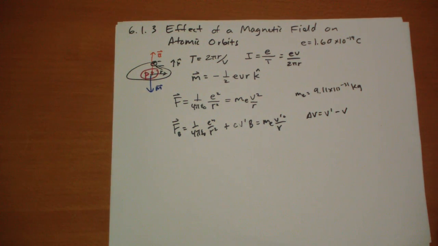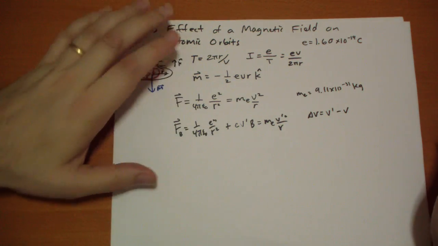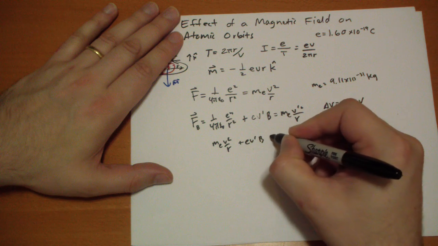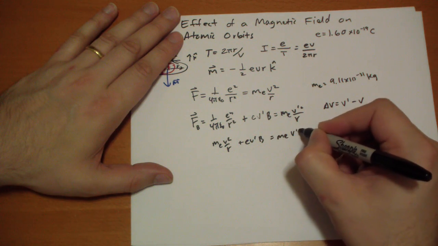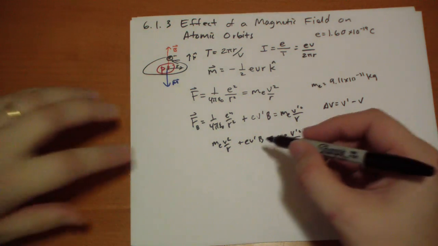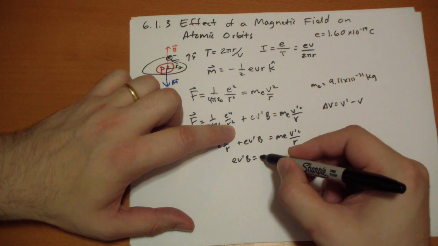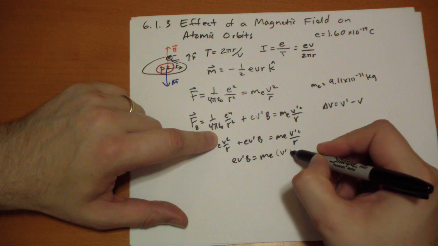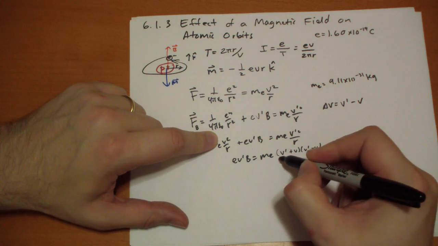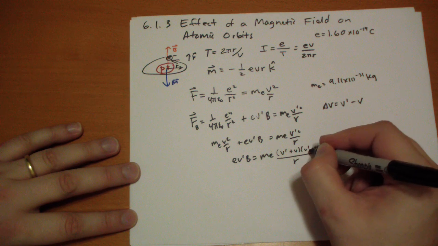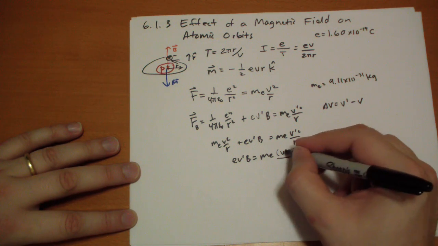Okay, and we plug into here this value right here, so we get M_e V squared over R plus E V prime B equals mass of the electron V prime squared over R. Okay, so this term is equal to M_e times V prime squared minus V squared, which is just V prime plus V times V prime minus V, all over R. And so we plug in delta V here, that's the small change, but actually we're going to assume that this is just 2V.